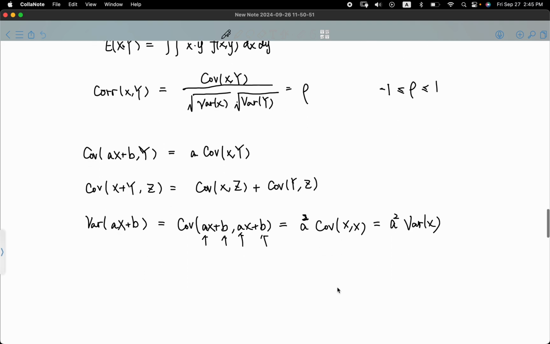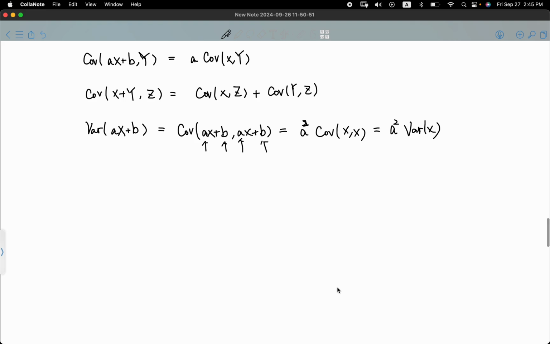And let's see, I would like to end this with the variance of x plus y, so two random variables here.